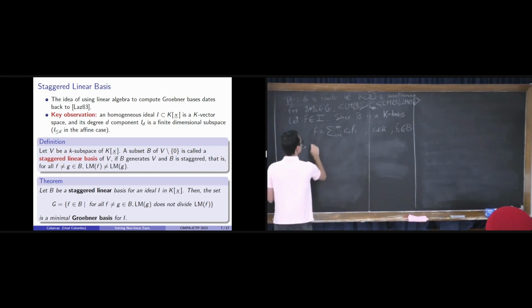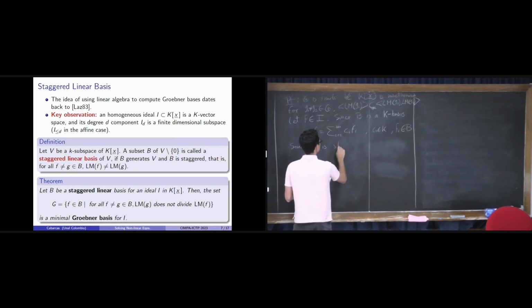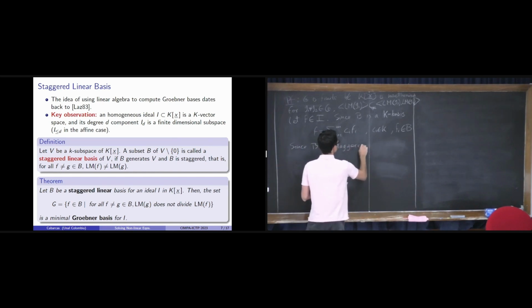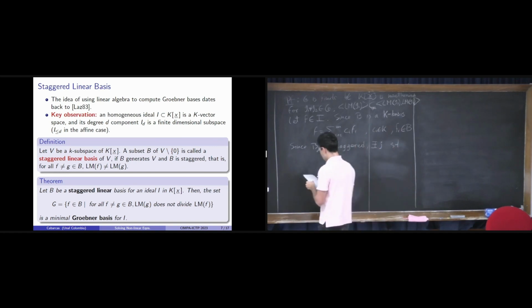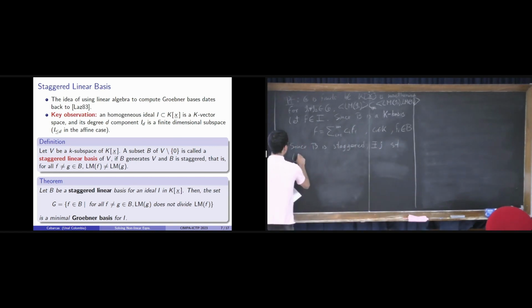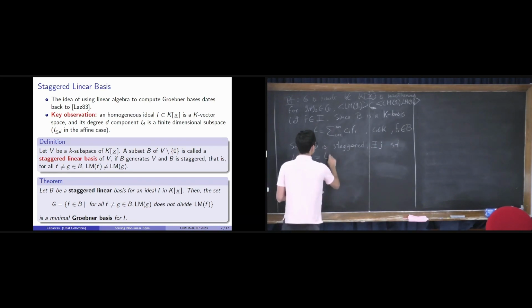Since B is staggered, there exists some index j such that the leading monomial of f coincides with the leading monomial of fj.